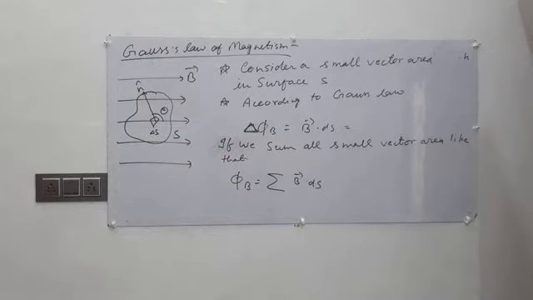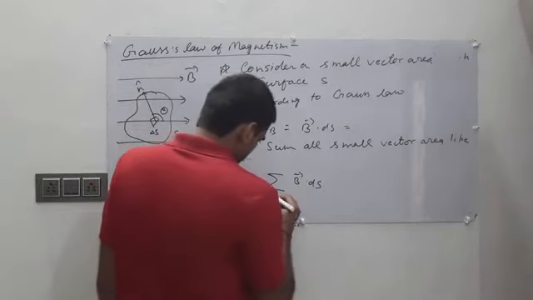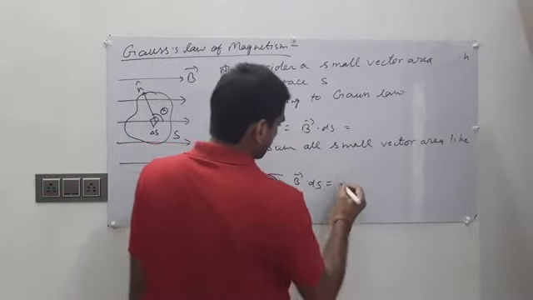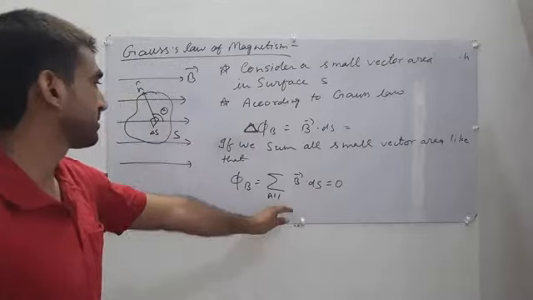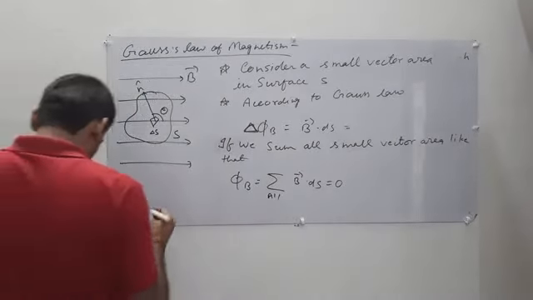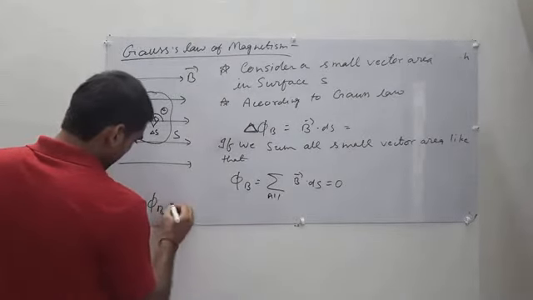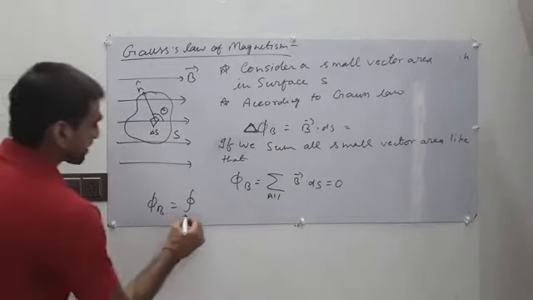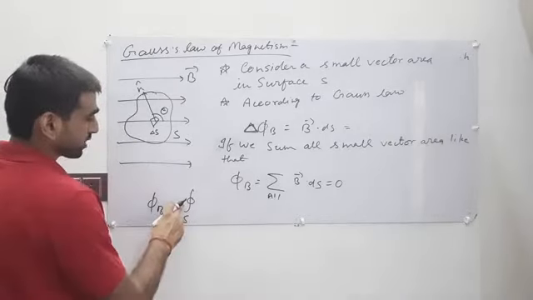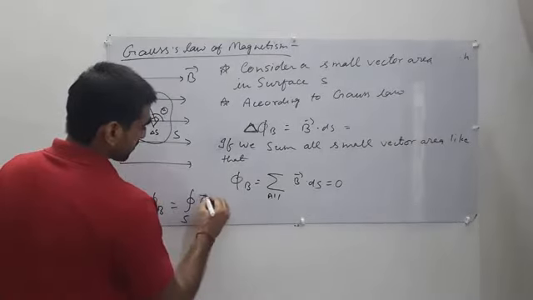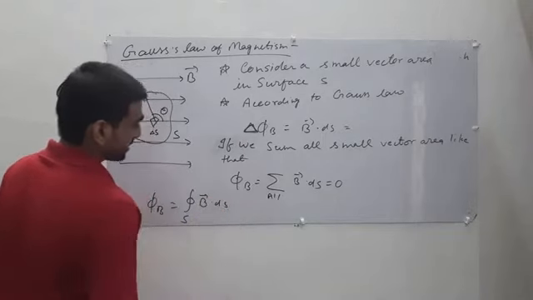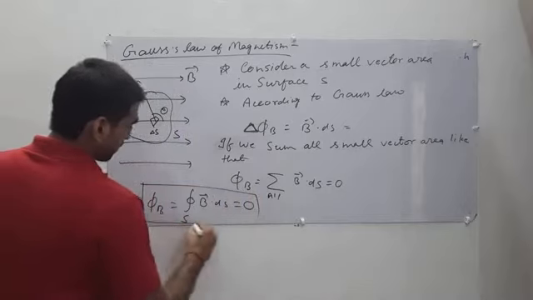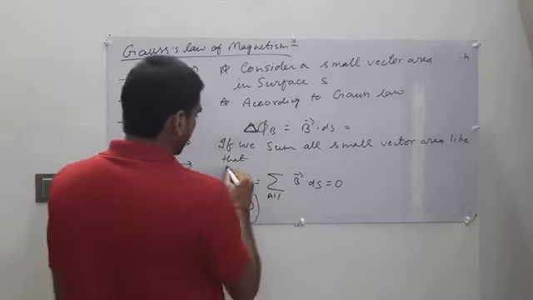Here the surface is the whole closed surface and the value of this is 0. We can also represent this as phi b equals the integration over the total surface of B dot ds, and this also equals 0. These are the representations of Gauss law of magnetism.